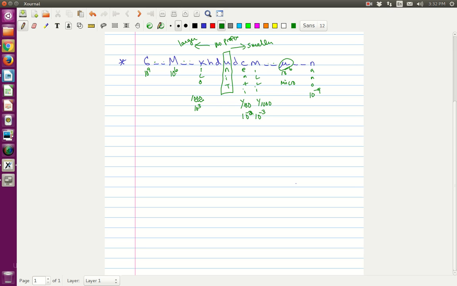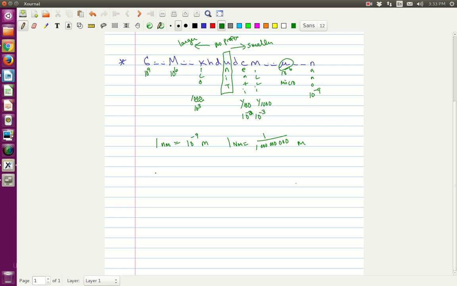Now, a nanometer is 1 billionth of a meter, so it takes 1 billion of them. See, 1 nanometer is 10 to the minus 9 meters.